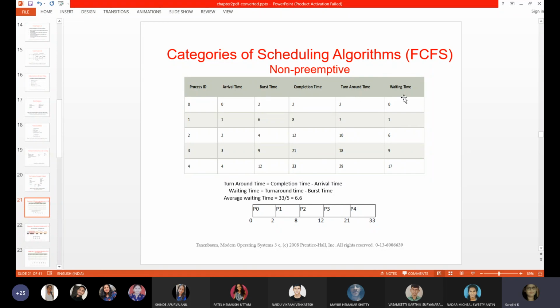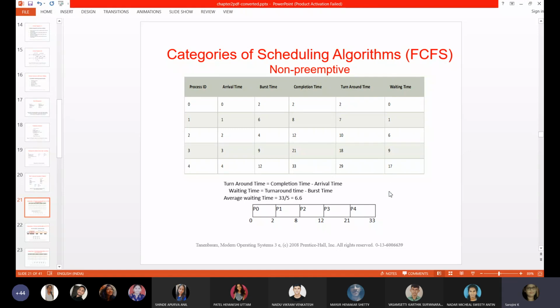to calculate waiting time. Remember, process ID, arrival time, and burst time will be given in the examination if we ask to calculate the waiting time.